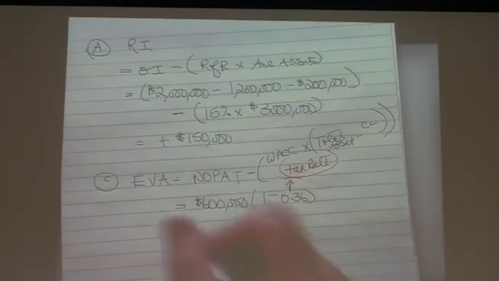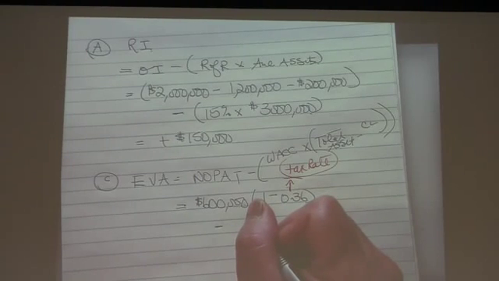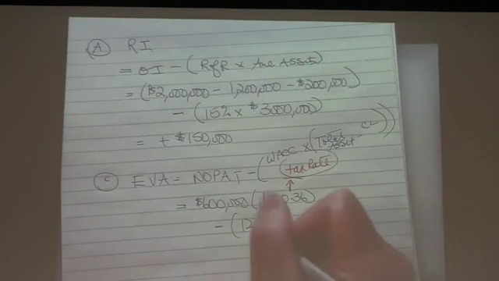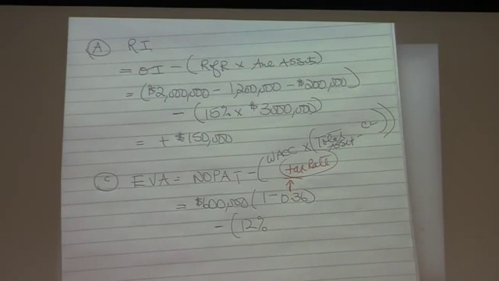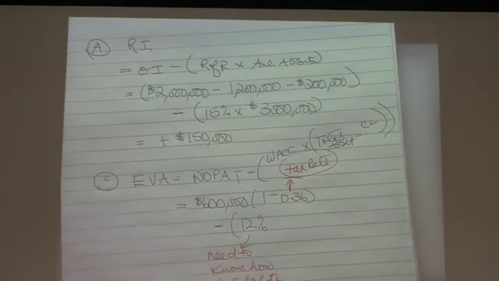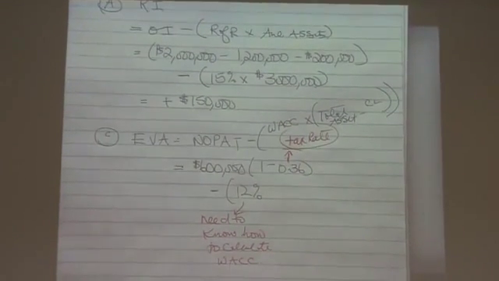So let's take a look at that. So minus. Now we're given the weighted average cost of capital, 12%. Now, we might have to calculate this. So I want to write a little note here that you might need to know how to calculate weighted average cost of capital. So please make a note of that in your review.